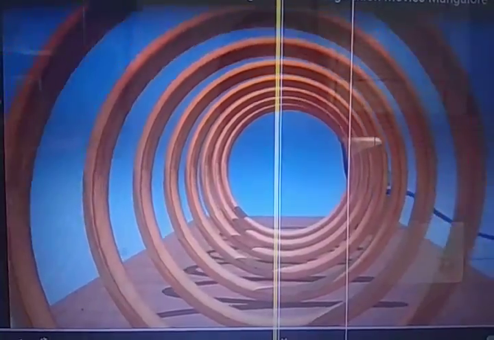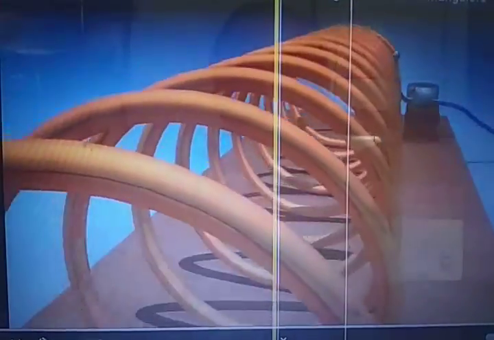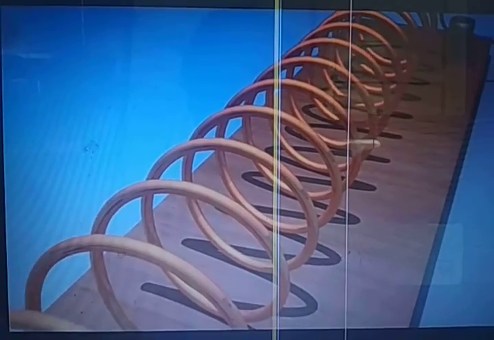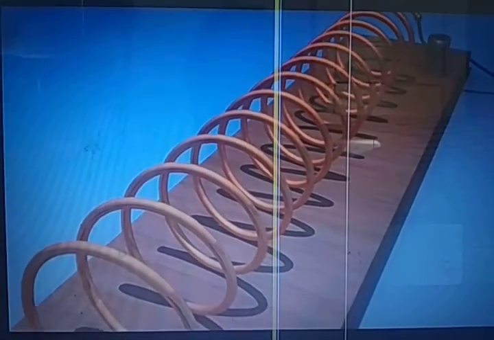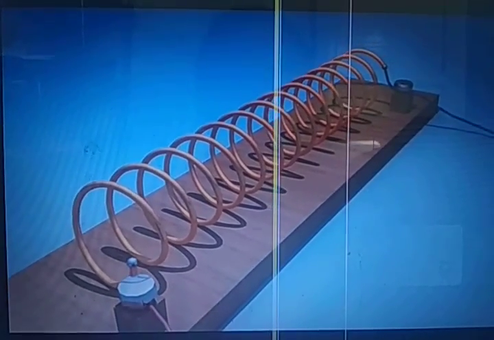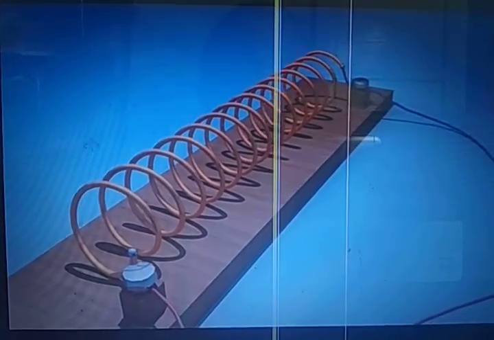Okay, we'll learn how to make a solenoid. You take a very long wire and make circular turns, like a cylinder. It should be an insulated copper wire, and this is what you see, the solenoid.